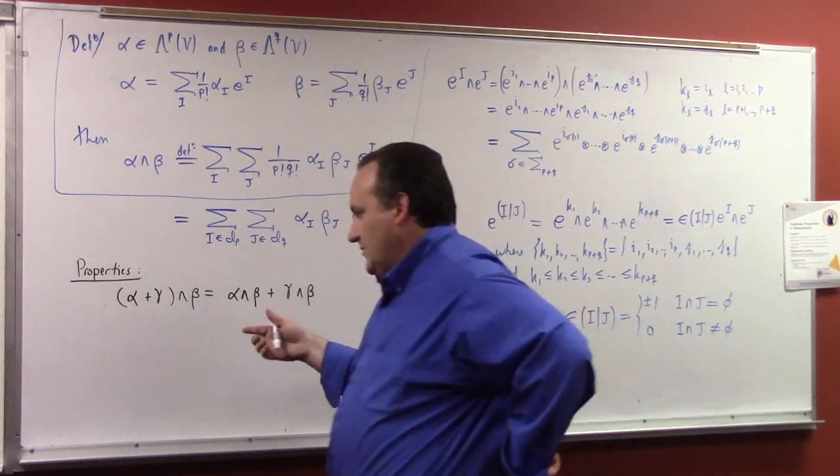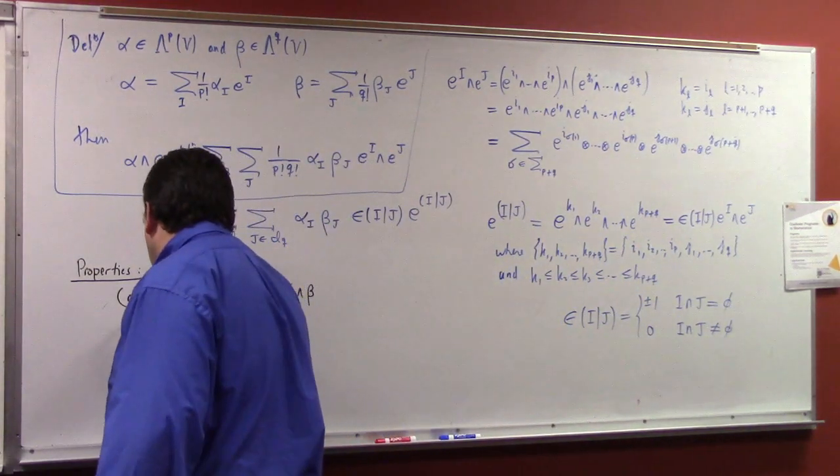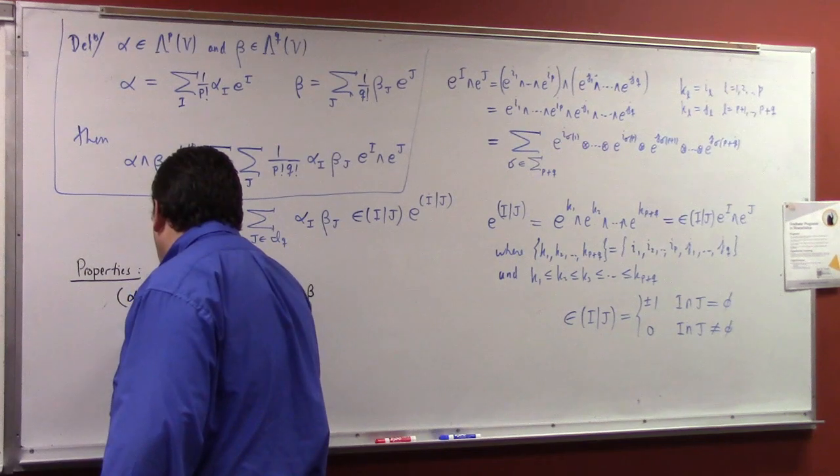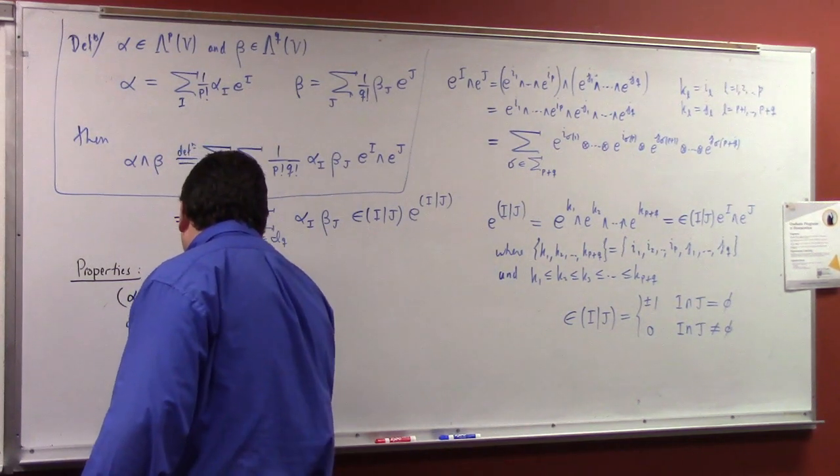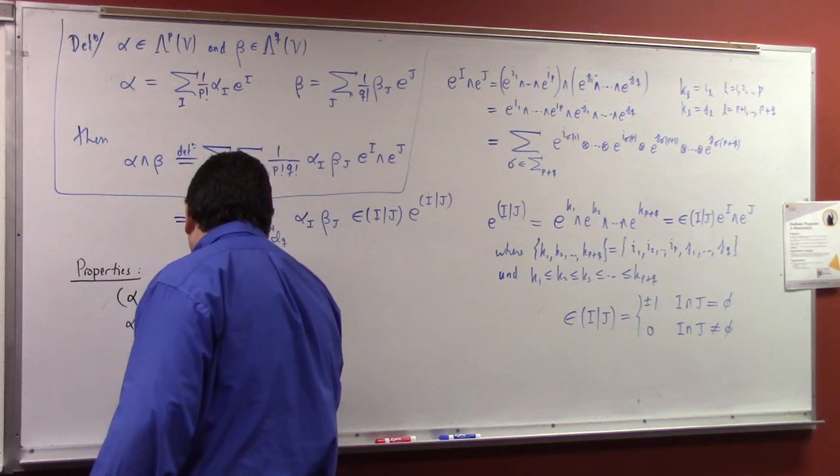And it's also going to be true that if I had delta plus beta, you'd also have this kind of linearity as well, right?